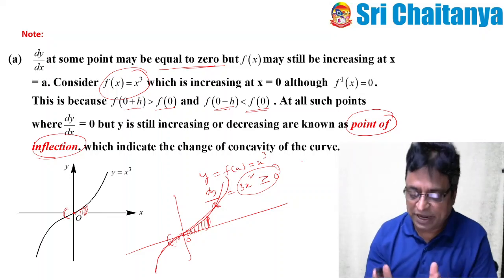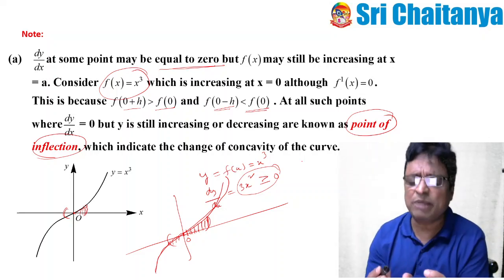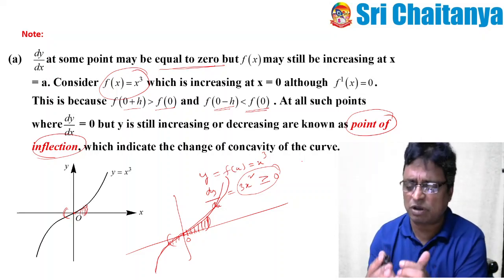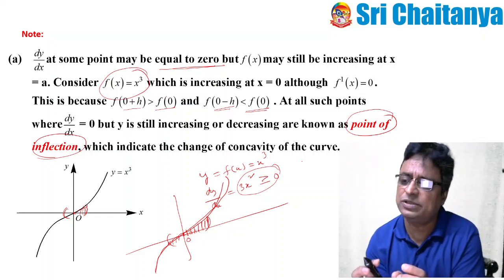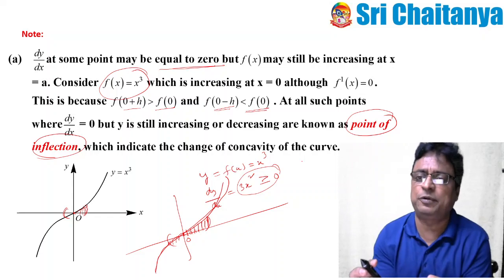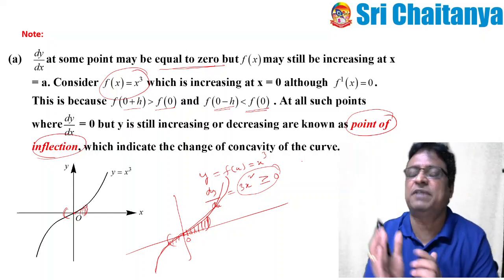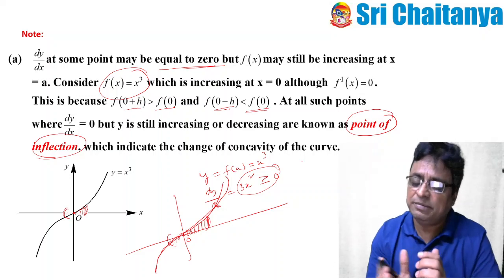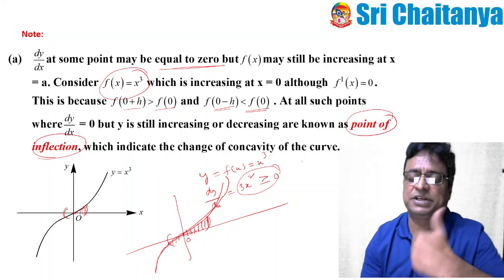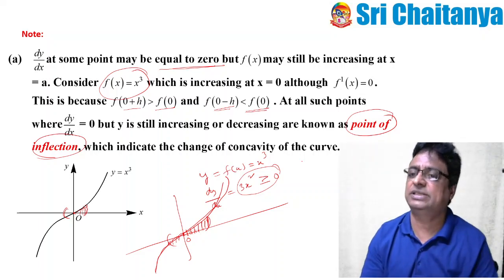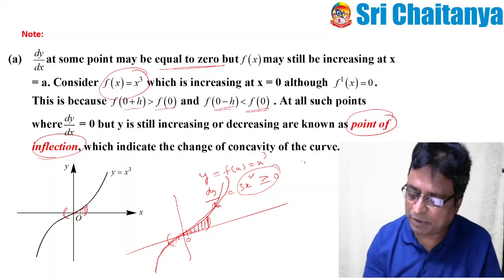That's why whenever they are asking whether the function is strictly increasing or not, my suggestion is, take the smallest neighborhood of that particular point and check all the functional values right of that point and left of that point, and observe the trend in the sign of the function. Then based on that, if they are greater than 0, simply you can say that your function is strictly increasing or decreasing.